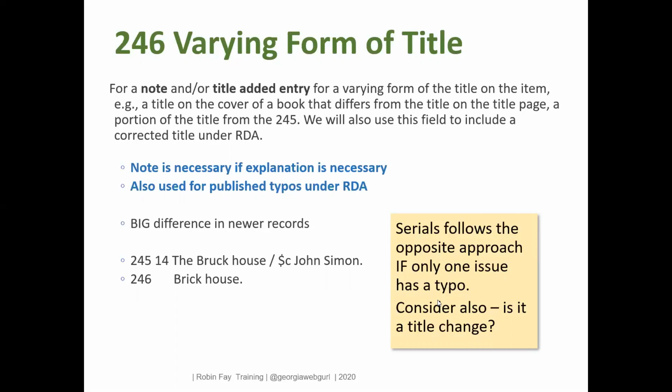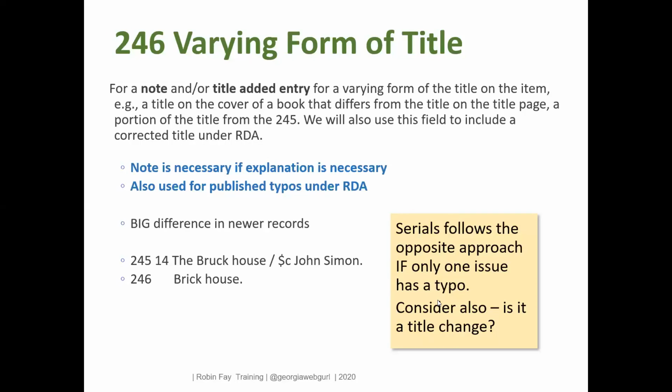So under RDA, this is a change from what we did in the olden days. Under RDA, we record the title exactly as it appears on the piece. So if there is a misspelling on the title page, and you know for a fact that everything else, the cover and book jacket, all have the correct title, you would record the title page as the title appears, incorrectly.